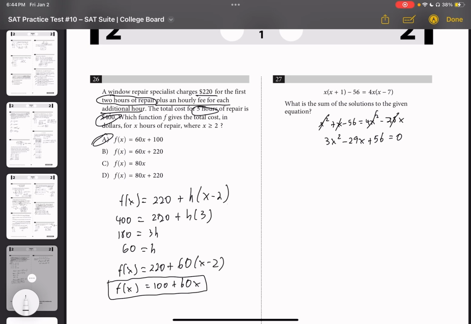Now I'm going to use the quadratic formula to solve for each of our solutions and then add them together since it's asking for the sum of solutions. So we're going to use negative b plus or minus the square root of b squared minus 4ac over 2a.